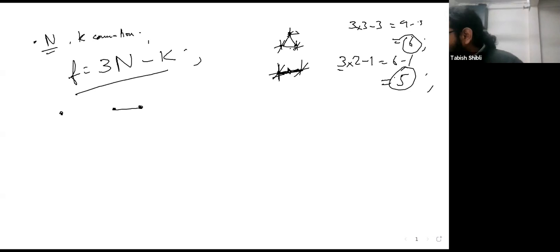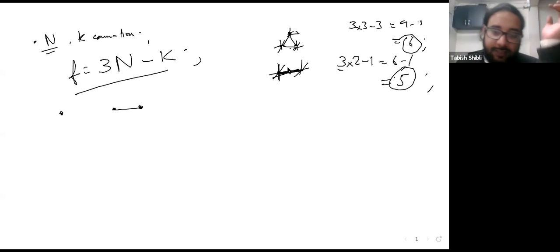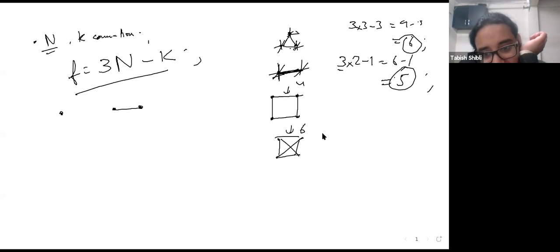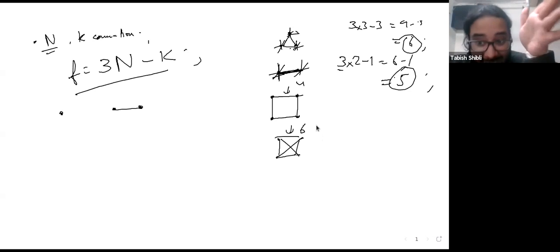See, actually, to be honest, there can be any number of constraints. For example, let's say you have a four atom molecule. It can be connected like this, or it can be connected like this, right? Here, in this case, you have four constraints, and in this case, you have six constraints. So, with the same number of atoms, you can have different kinds of constraints as well.